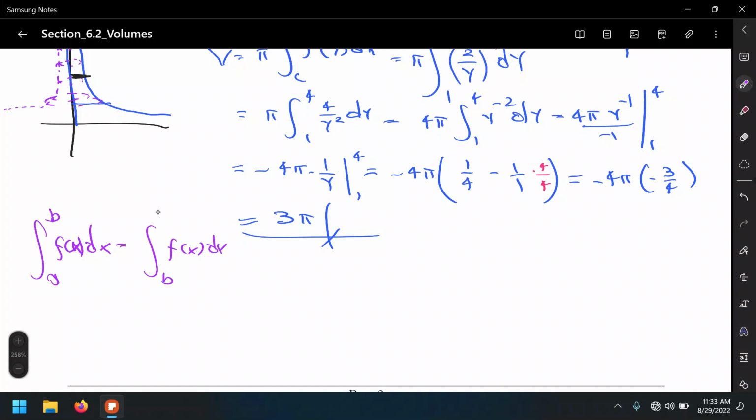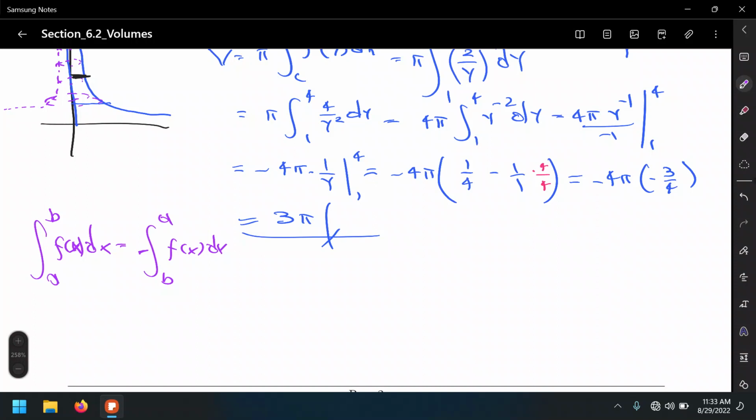You can swap the limits as long as you change the sign in the front. That's another way to express a problem. Because we're integrating from a to b in the positive direction, but we can integrate from b to a going backwards, and the result just changes sign.